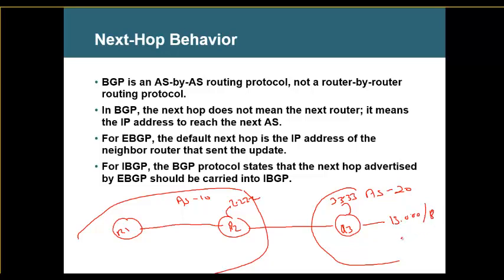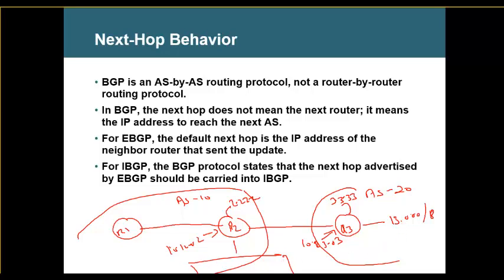This is the network that autonomous system 20 is advertising. When router 2 learns it, it won't show this IP address. Let's say here the IP address is 10.23.0.3. Here the IP address is 10.12.0.2.